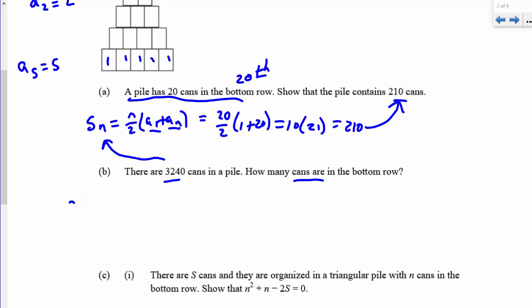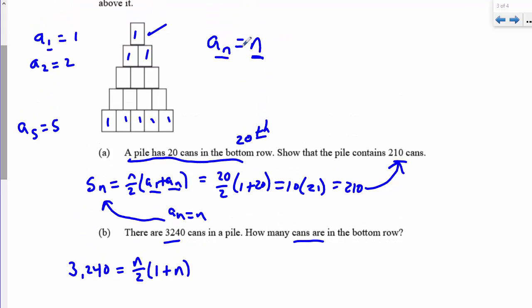So we're going to have 3,240 and this is going to equal n over 2, and this is going to be a1. Remember, a1 is the top row, which only has one can, and then this is going to be times n. And the reason I'm saying this is n and not an is because I've already told you that an and n are the same thing. Okay, I just said that right up here. All right, so I'm just going to use that.